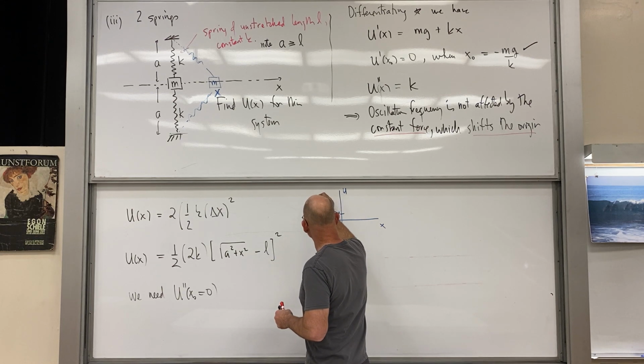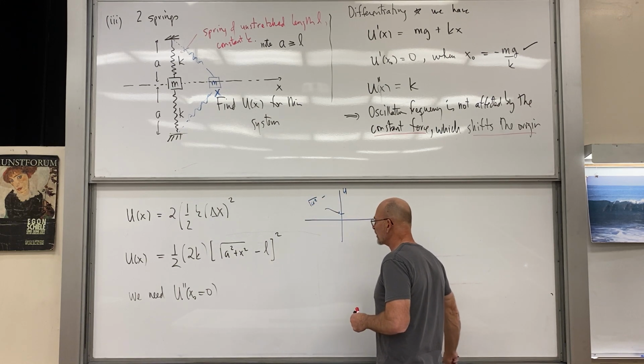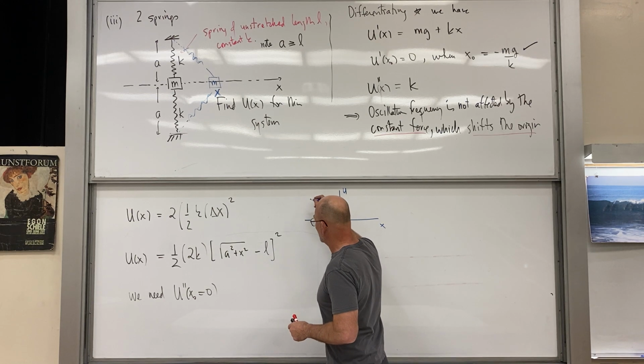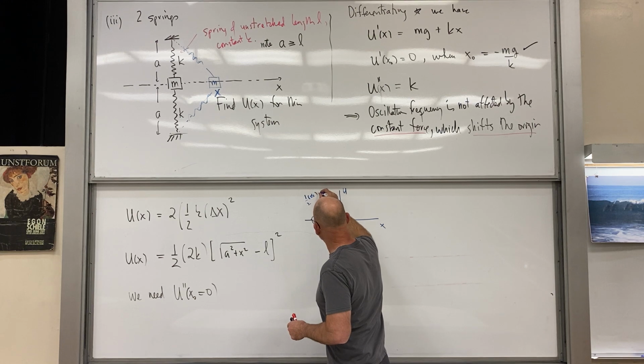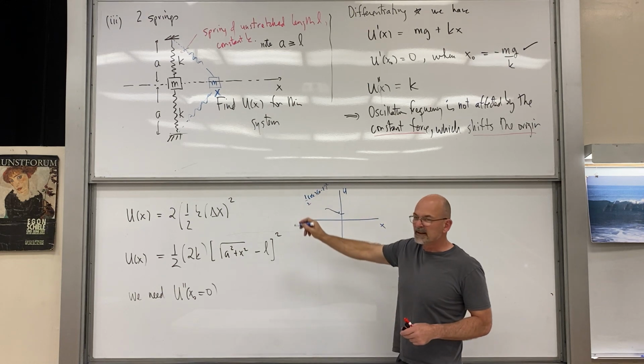So that's root a squared, which is just to say a is a positive number. So it's a minus L, so it's 1/2 k (a minus L) squared. Okay, I said it. You guys write that down a little nicer.